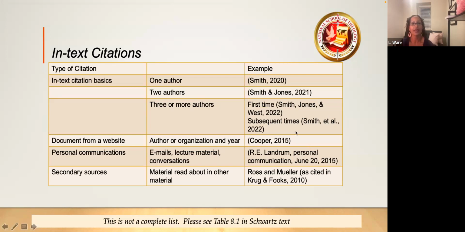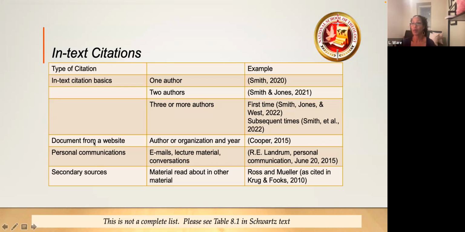Any other time after that, you'll put the first author's name, comma, et al., which means and others, and then the year. So you don't necessarily have to mention each name every time you use that citation. If you have several citations for those authors, you spell out all the authors' names the first time, and then you can condense it thereafter.